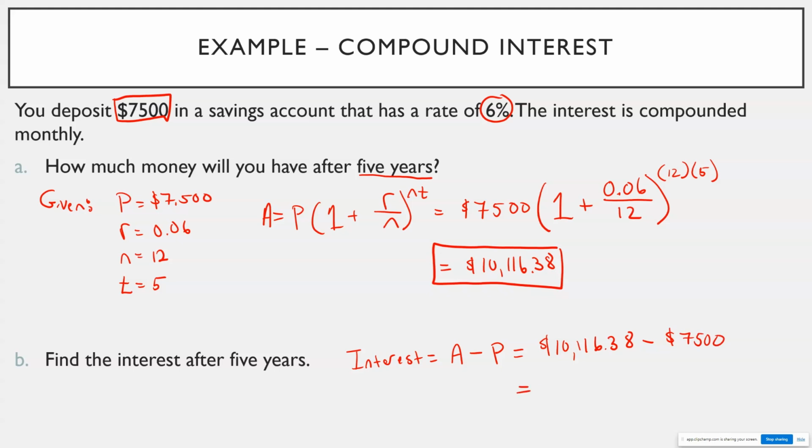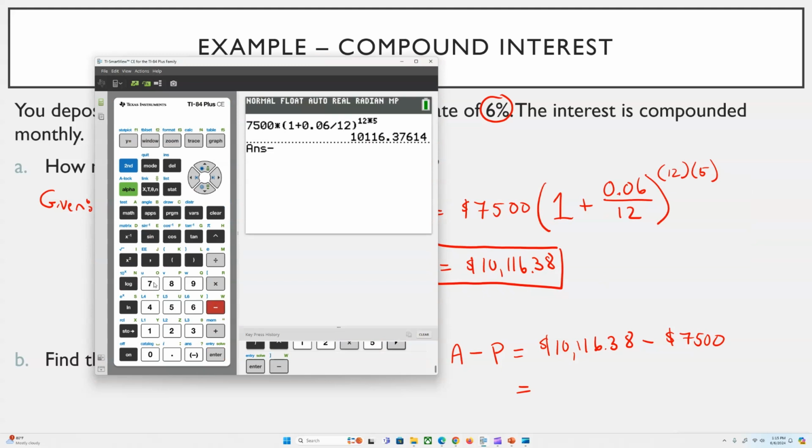So let's see how much we made in interest. Here I can literally just go minus 7,500. Not bad. So by just leaving the money alone for 5 years, I got an extra $2,616.38 just in interest.